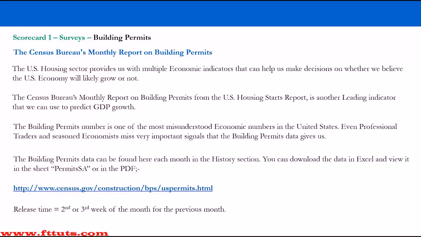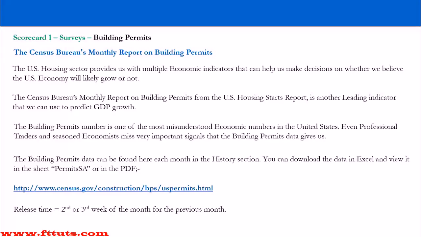Now, the building permits number is really useful because it's one of the most misunderstood economic numbers in the United States. Even professional traders and seasoned economists miss really important signals that the building permits data gives us each month. And because this number is quite widely misunderstood, that's why it's so useful, because it does predict GDP in the future with a very high level of confidence.